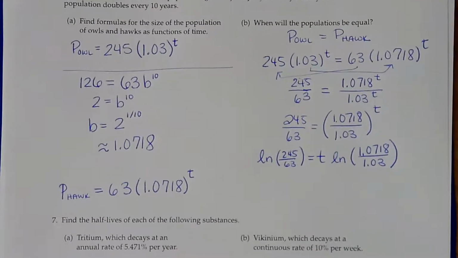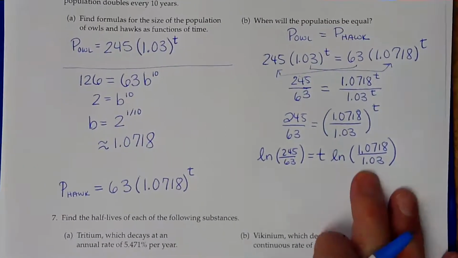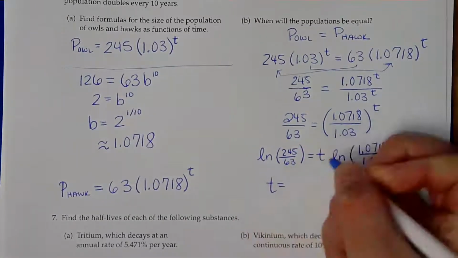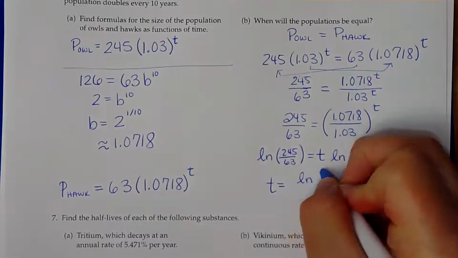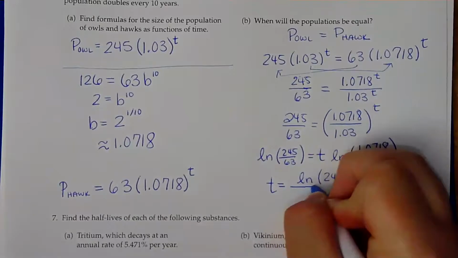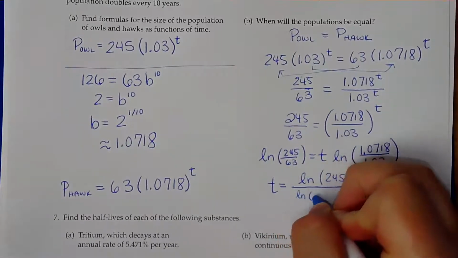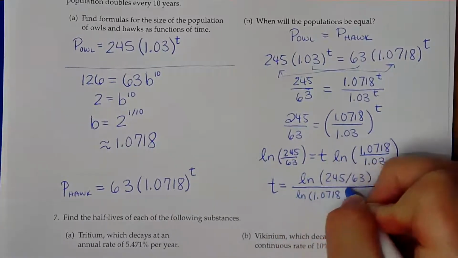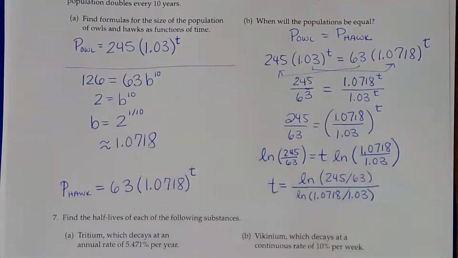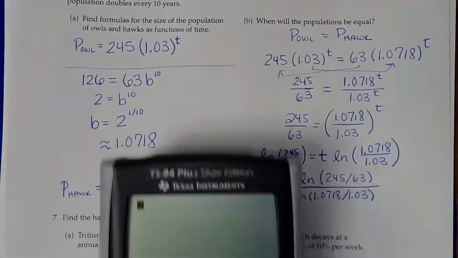And then to solve for t, I just need to divide this over to this side. It's quite a mouthful to say, but t is going to be the ln of 245 divided by 63, all of that over the ln of 1.0718 divided by 1.03. Okay, let's look at how we're going to get that in our calculator.